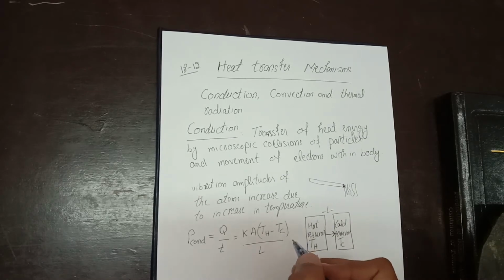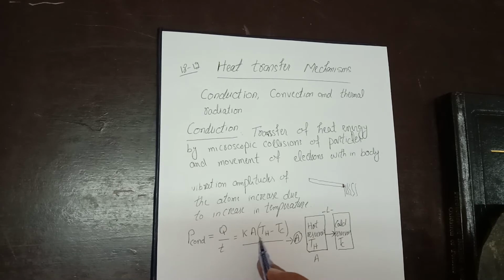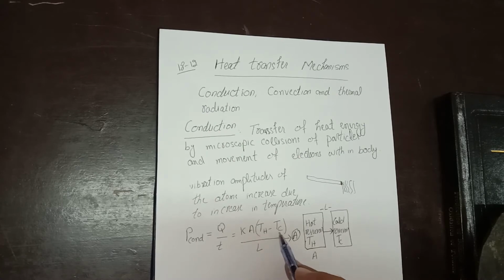Let me call this equation A. A is the face area, TH is the hot reservoir temperature, TC is the cold temperature, and L is the separation between these two reservoirs.